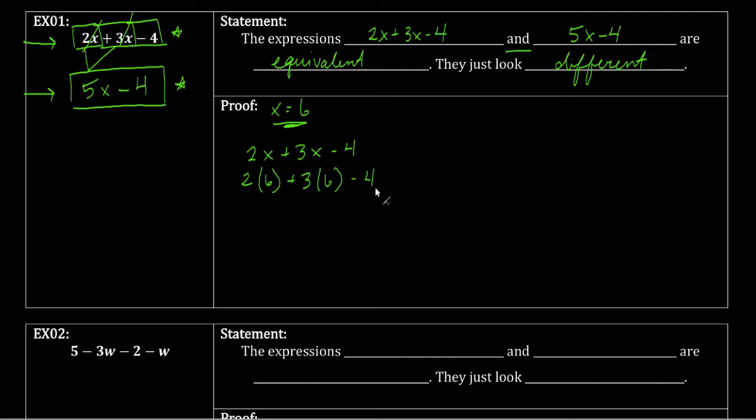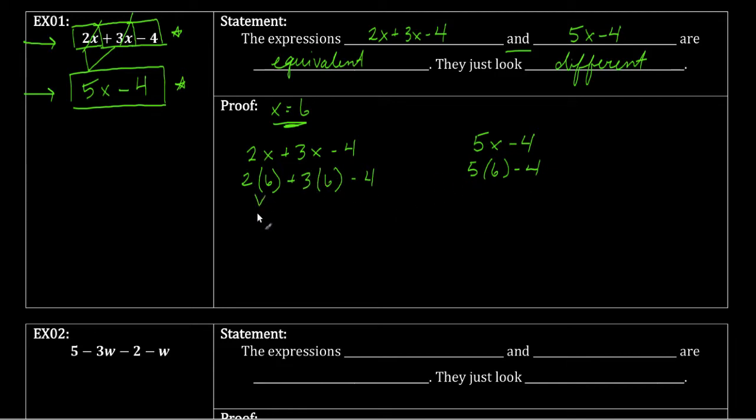Alright, so that means that instead of writing 5x minus 4, or 5 times a number minus 4, we're going to write 5 times 6 minus 4. And we should get the same answers right here as right here. The same answers, because they're equivalent.